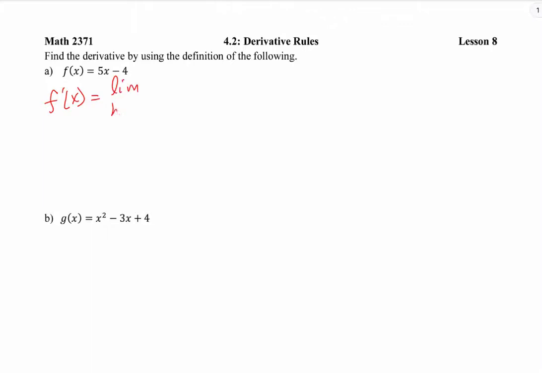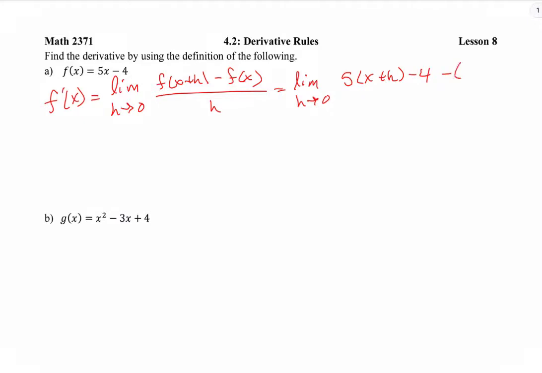If we take the derivative of the first function, the linear function, using the definition, the limit as h goes to 0 of f of x plus h minus f of x all over h, then we get the limit as h goes to 0 of 5 times x plus h minus 4 minus 5x minus 4, all over h.